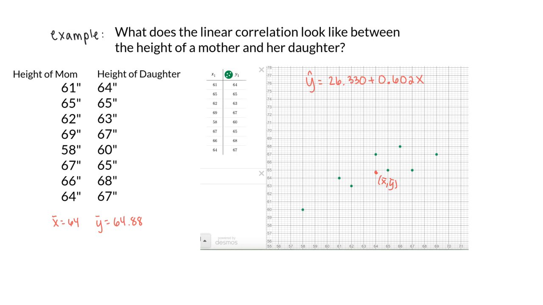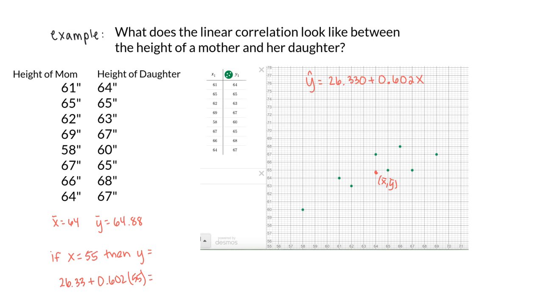To find another point that lives on the line, I'm going to pick an x value. Suppose x equals 55, then y will equal, let's find out. Into the equation, we'll have the y-intercept of 26.33 plus the slope of 0.602 multiplied by that given x value of 55.